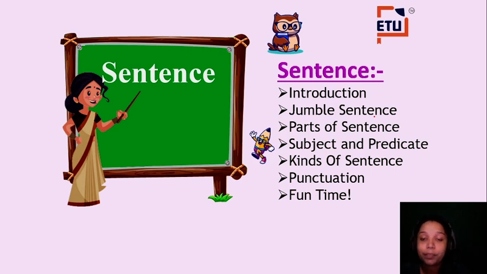Let's begin. So first we'll be doing jumble sentence, then parts of sentence. You really need to know what a sentence is all about and that each word of a sentence is a part, right? So we need to know what each part of the sentence consists of. Then you'll have subject and predicate, and then kinds of sentence, like what are the different kinds of sentence, punctuation and fun time.